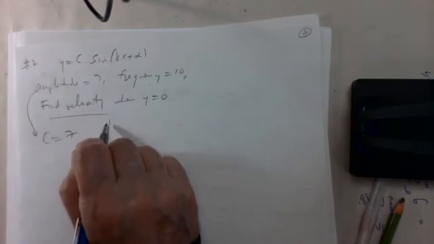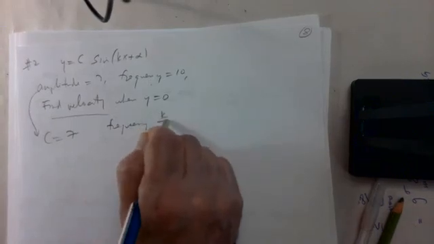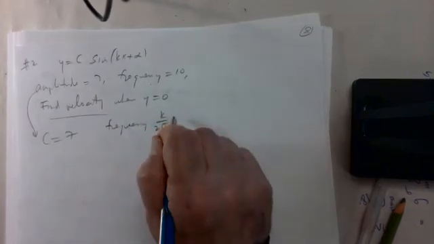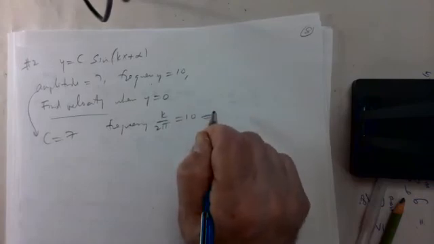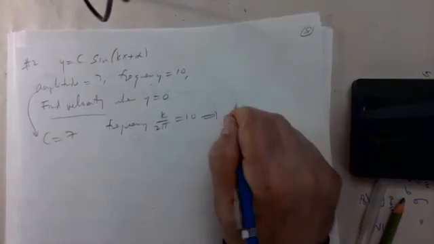Well, amplitude equals 7 means c equals 7. The frequency, 2 pi over k is the period, so the frequency k over 2 pi is equal to 10, which means k is equal to 20 pi.